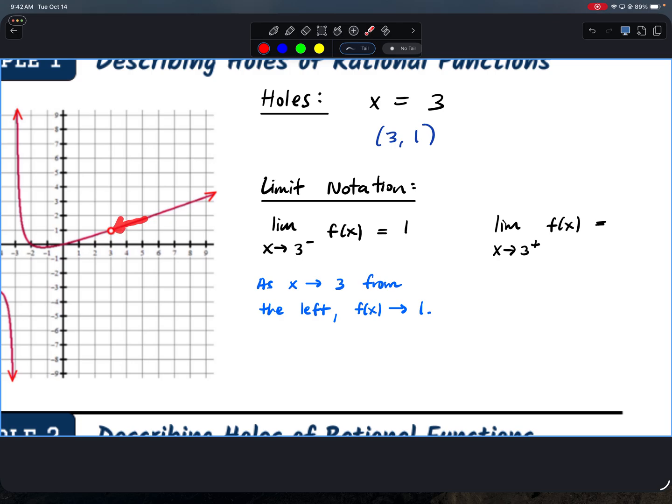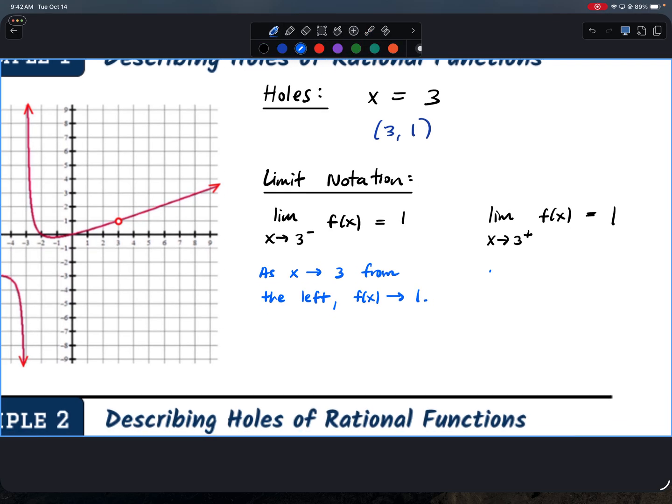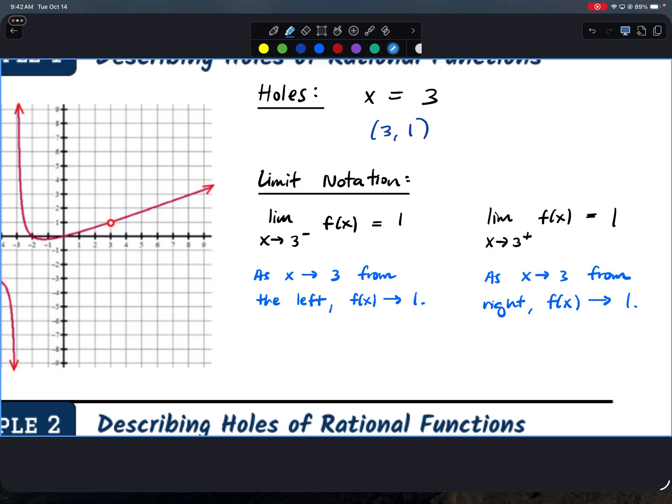It's also 1. So as x approaches 3 from the right, f of x also approaches 1. So this is how you know that there's a hole, because on both sides of 3, do you see how we have the same y value? That means that represents a hole, okay?